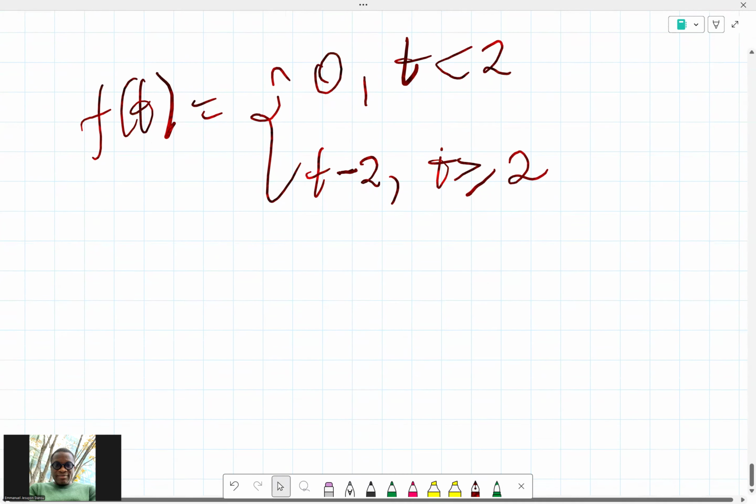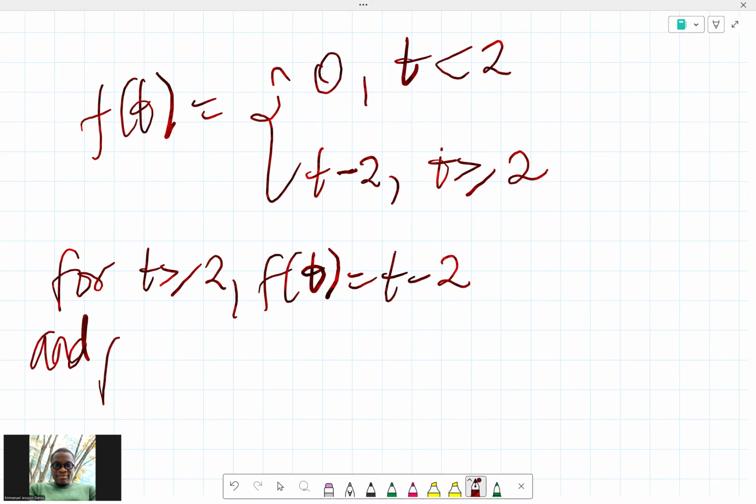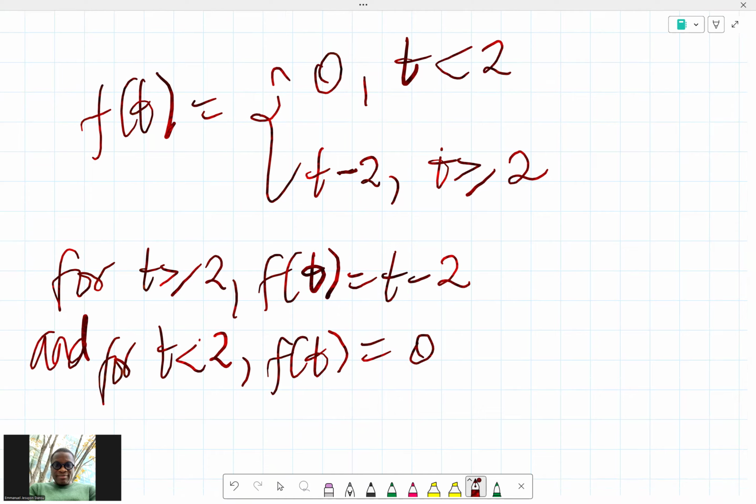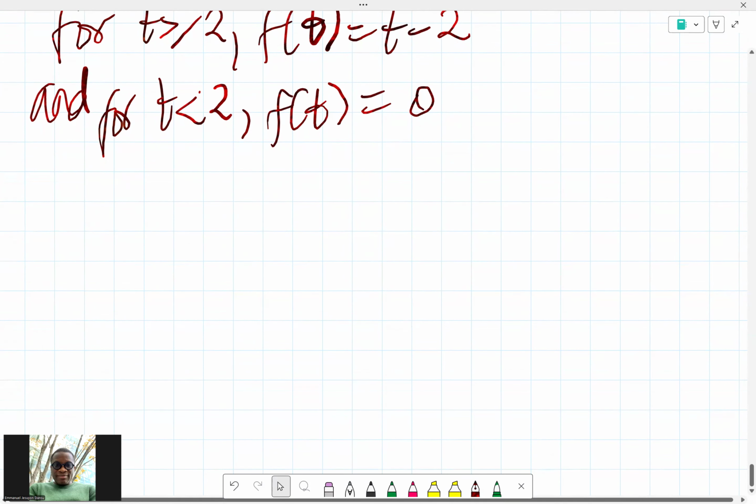So for t greater than or equal to 2, f of t is equal to t minus 2, and for t less than 2, f of t is equal to 0. With that done, we can move on to step 2.